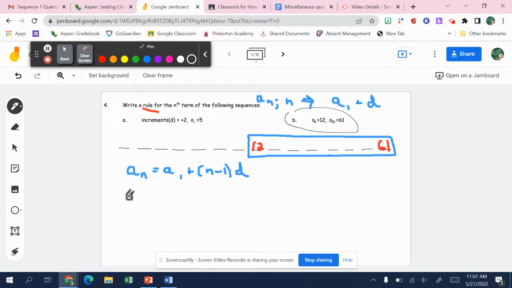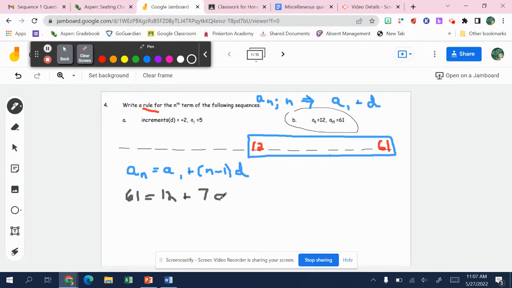So here I can say 61 equals my A1 would be 12 plus, well, if I say 15 minus 8, that gives me my number of differences. So I know that my number of differences, or n minus 1, is 7. But that means that I have 8 actual terms. 1, 2, 3, 4, 5, 6, 7, 8. So 8 minus 1 would be 7.